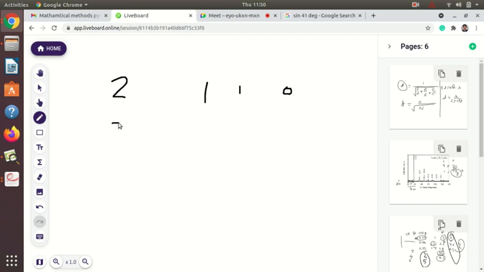For 3, I have to add 1 plus 1 plus 1. For 5, the addition of squares must be 5, so 1 plus 4 is equal to 5.